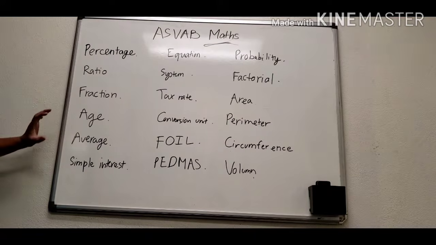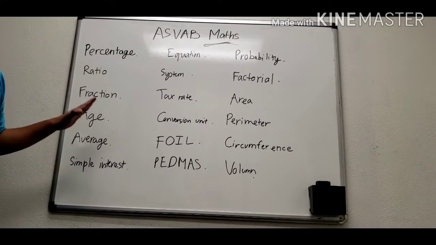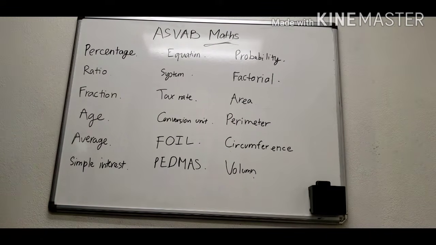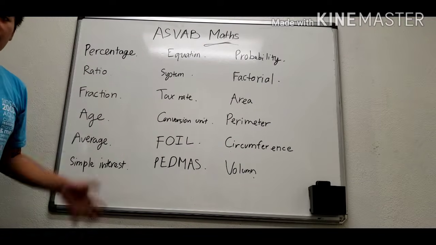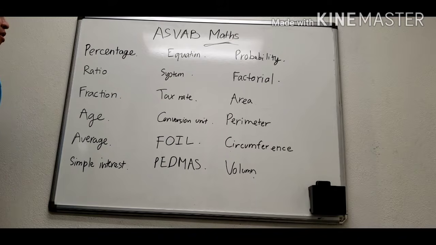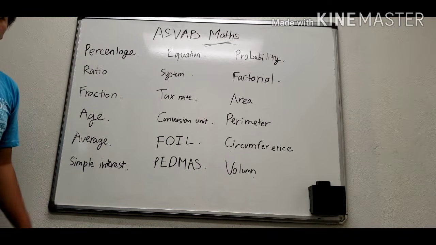So we have 18 subjects here, and we need to learn everything because these things will be on the ASVAB, and we need to learn how to do questions like this.